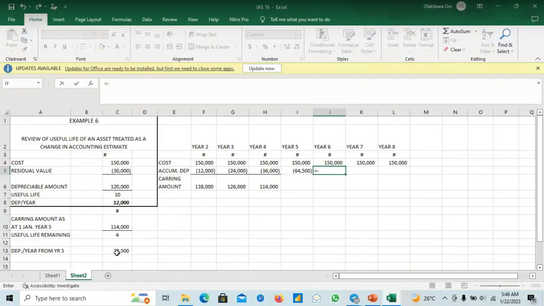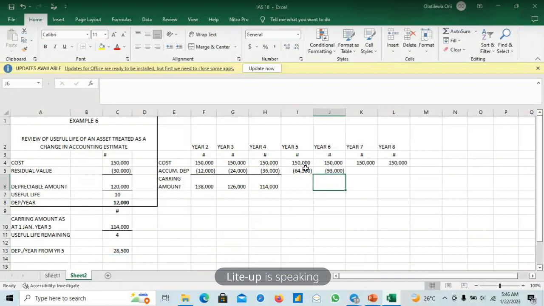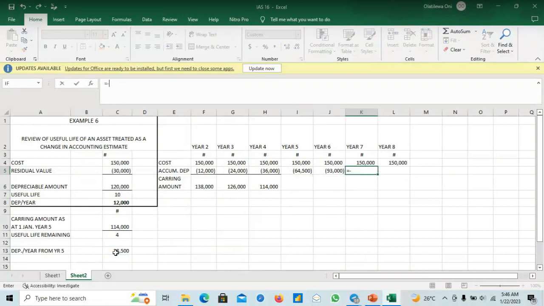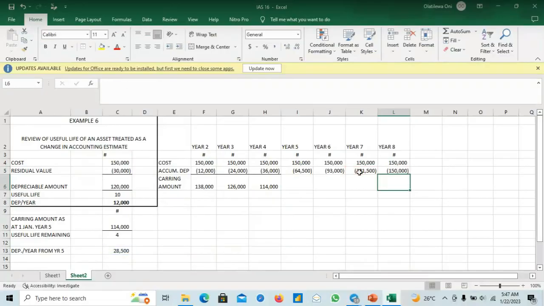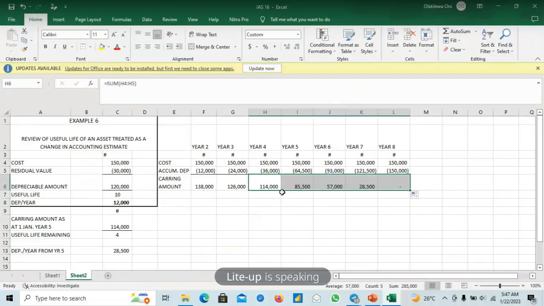Depreciation per year will be increasing plus this. So that at the end of the year, the asset will become zero, that is fully depreciated.